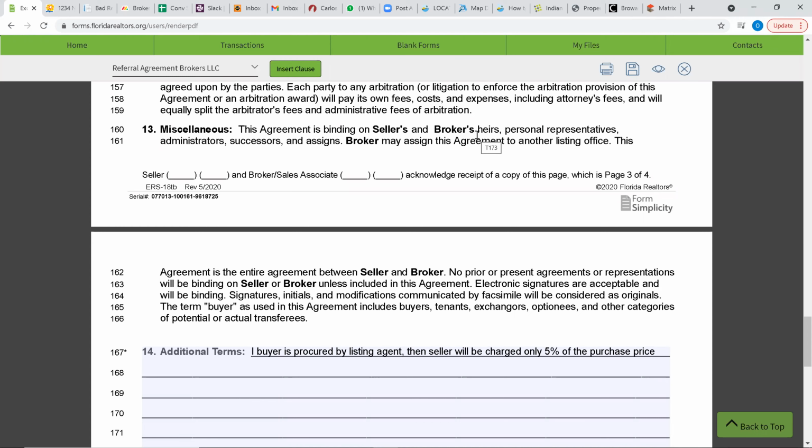As far as the cost, the $4.99 to brokers, we have it as other, correct, on top? Yes. And we have an option to offer it if we charge it or not. If they don't see it at closing, they charge us to deduct it from our commission, right? Correct. If you don't want to charge your buyer or your seller, you can just tell the company and they will deduct it from the commission, and that's it.